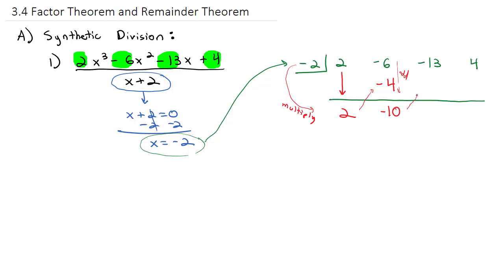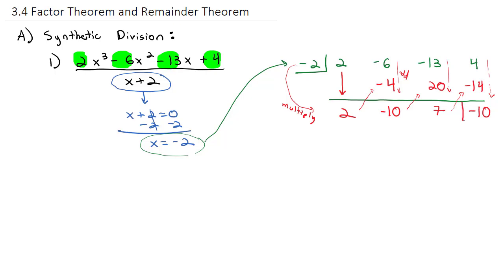Multiply by -2 again to get +20. Add again to get +7. Multiply by -2 again to get -14. And add again to get -10.